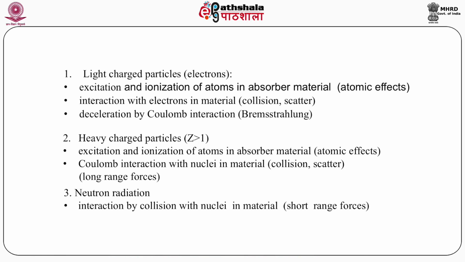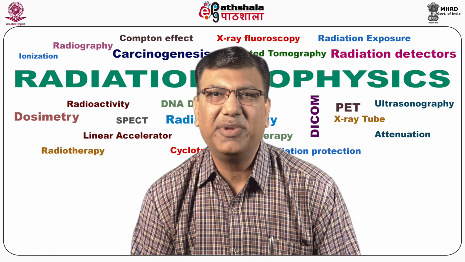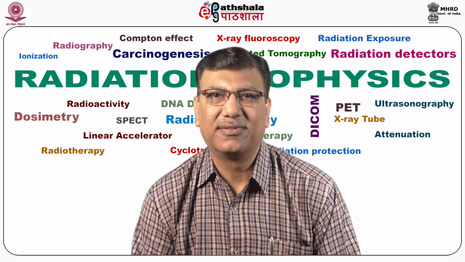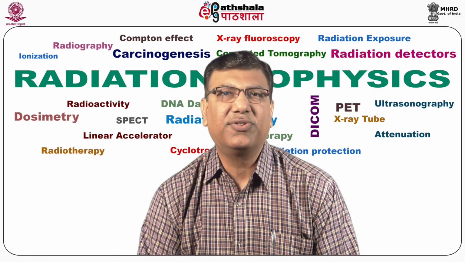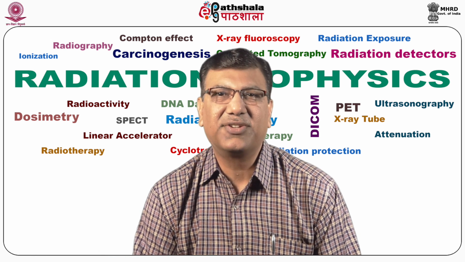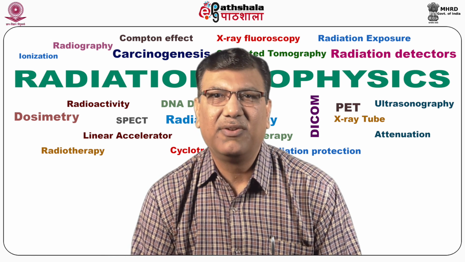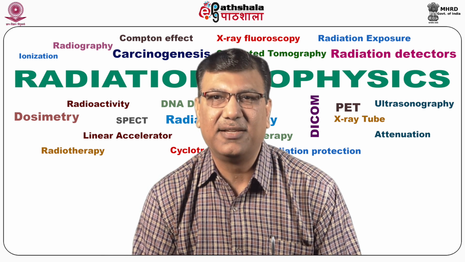In that case, excitation and ionization of atoms in the absorber medium, that is atomic effects, take place. Coulombian interaction with nuclei in material, that is collision and scattering, long-range forces. Neutron radiations: interaction by collision with nuclei in material, that is short-range forces.